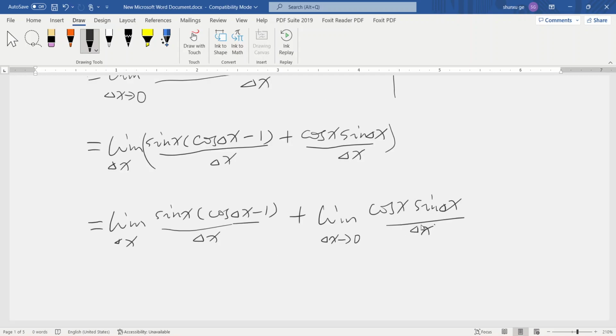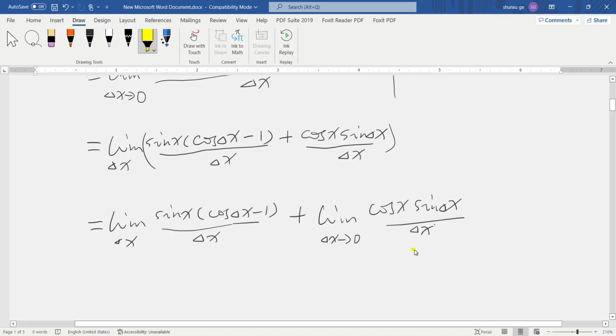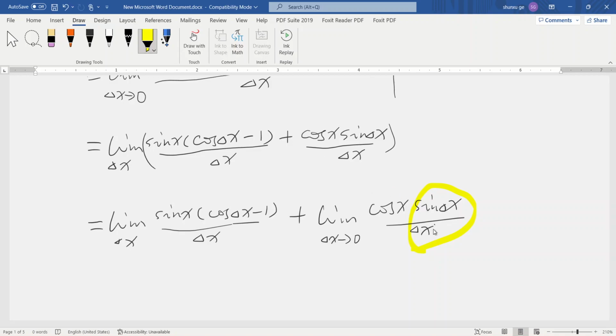This part, sin delta x over delta x, when delta x approaches 0, the value should be 1. We get it from the squeeze theorem or the graph.